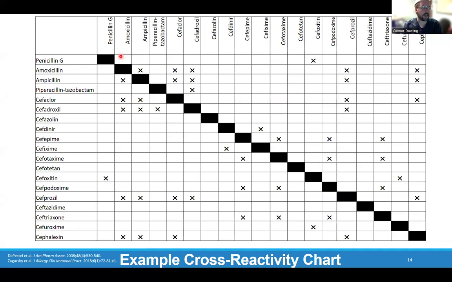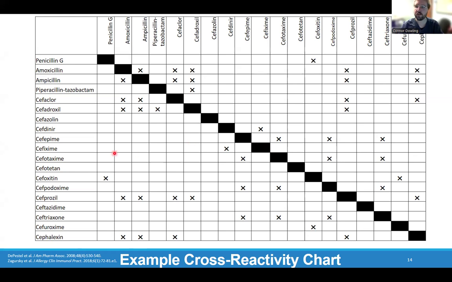What we're looking at is, when we have our antibiotic over here, a penicillin like amoxicillin, this space indicates where they would interact. If you do not see an X in a space, there is no structurally similar R side chain. However, ampicillin and amoxicillin share that structurally similar side chain. And amoxicillin with itself is blacked out to denote that this is the same antibiotic.